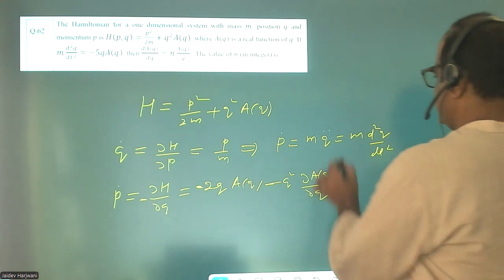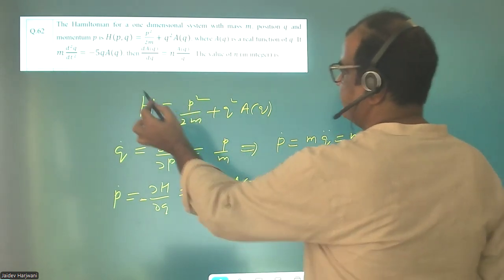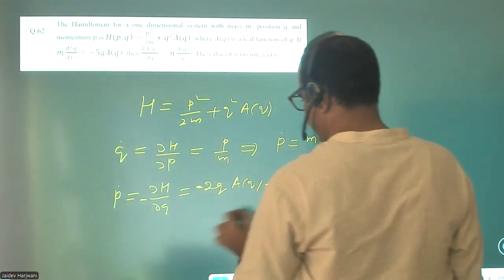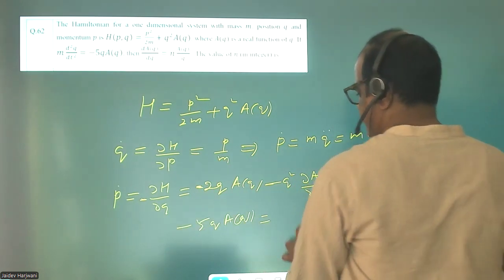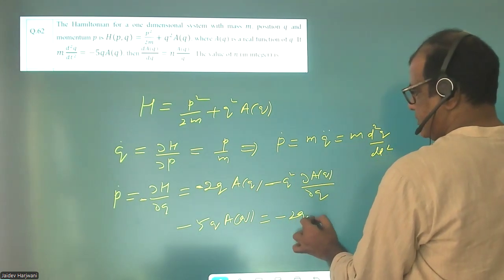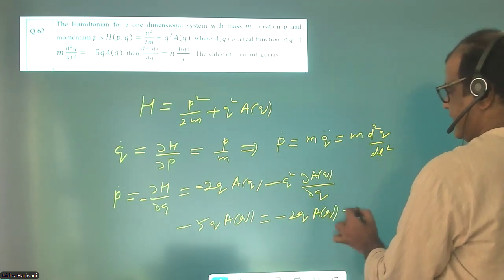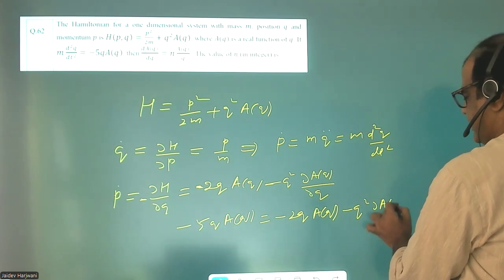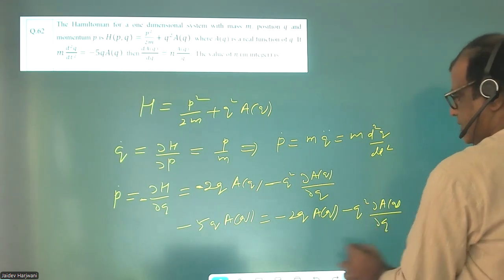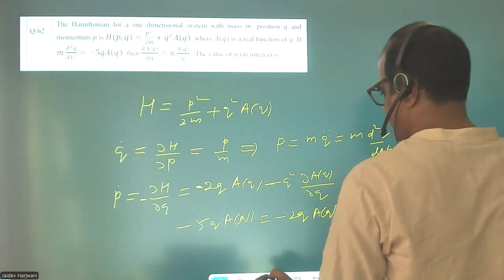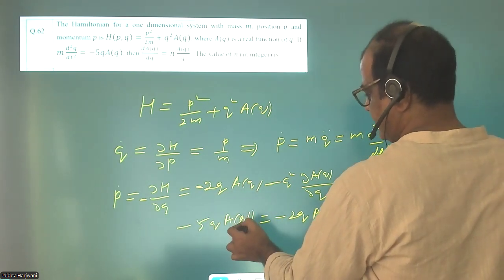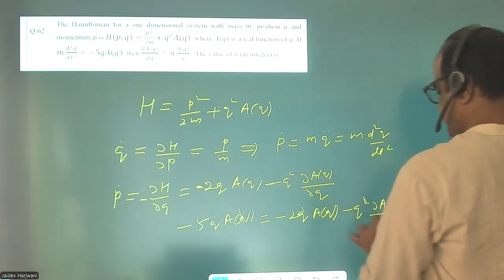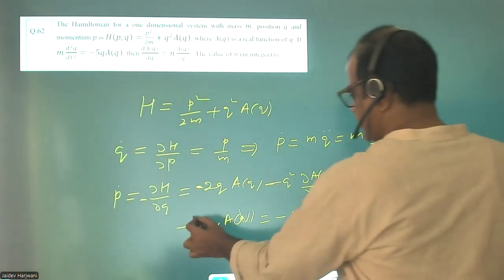Okay, and this value is already given, minus 5q AQ. So minus 5q AQ will be minus 2q AQ minus q square del AQ upon del q. So q cancels, one q is here, minus sign also cancels.